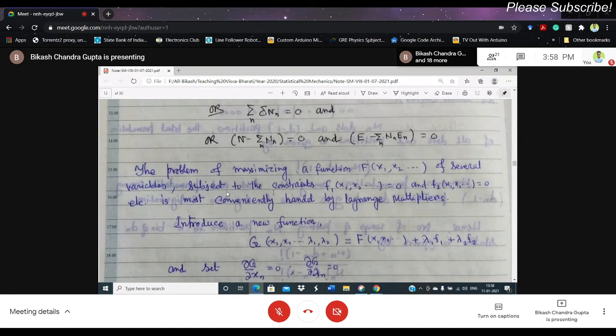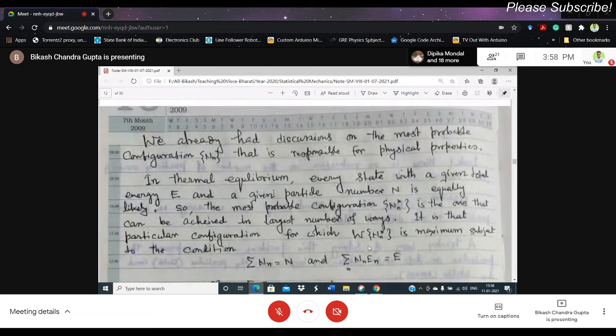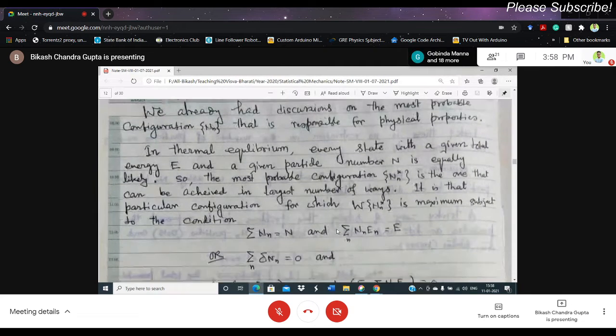Now let me just touch upon the maximization of a function, because you have the W factor, and then you have to maximize it. Generally, in statistical mechanics, since we deal with large numbers, we take ln W and then try to maximize it.